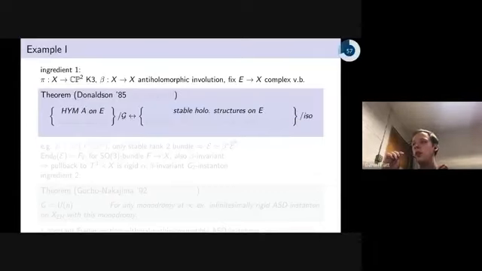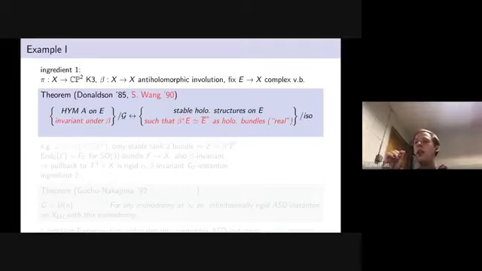Then we have the Donaldson-Uhlenbeck-Yau theorem, which tells us that Hermitian-Yang-Mills connections A on E are in one-to-one correspondence with stable holomorphic structures on E. In the presence of an anti-holomorphic involution, you can upgrade this correspondence, as done by Shuguang Wang: Hermitian-Yang-Mills connections invariant under beta are in one-to-one correspondence with stable holomorphic bundles such that beta star E is isomorphic to E star bar.